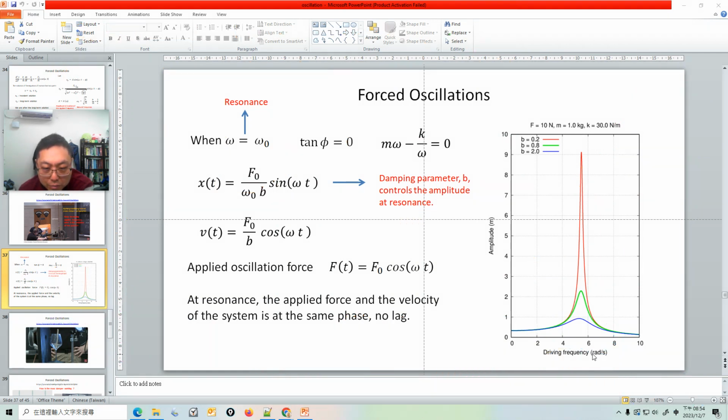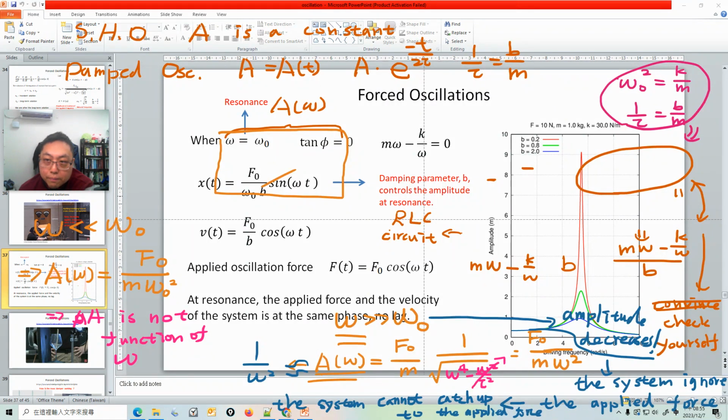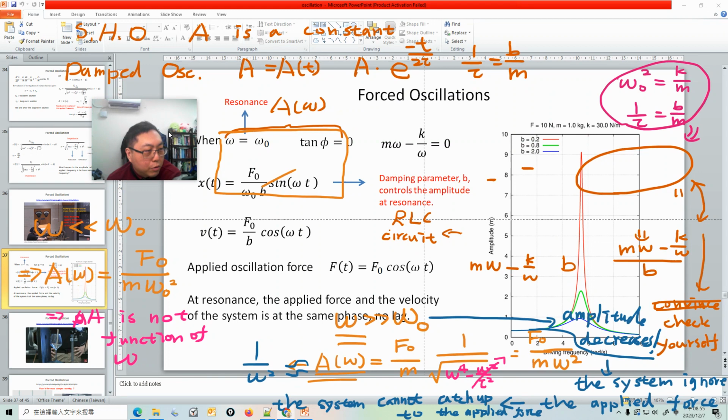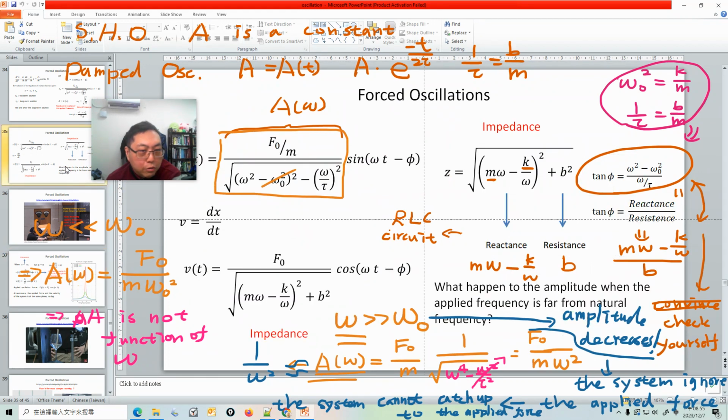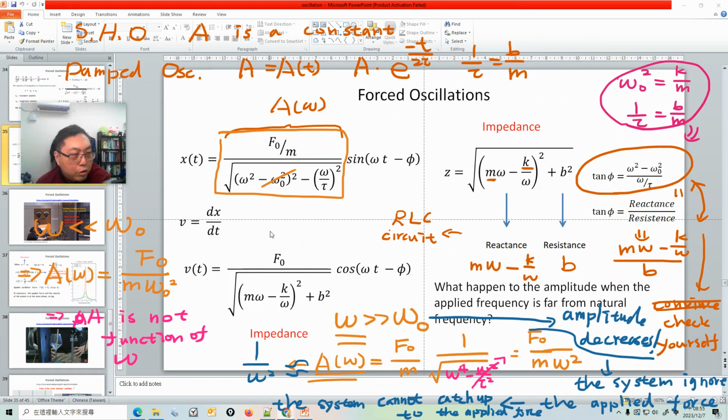See the same thing here: omega increasing, but the amplitude decreasing. So this formula tells you this very important conclusion from the result of the forced oscillation. We only discussed the amplitude function, and this already gives us a lot of information about forced oscillation.